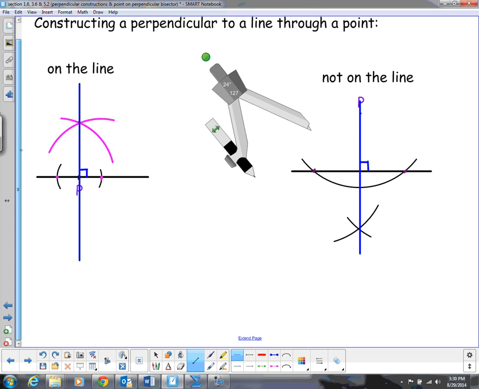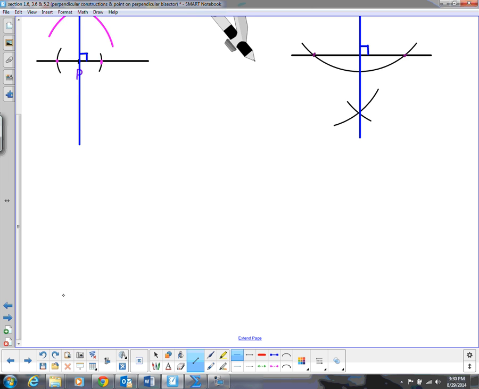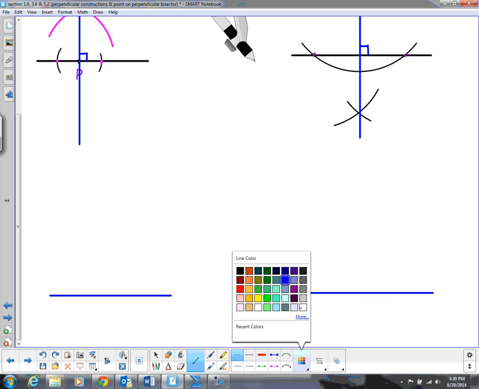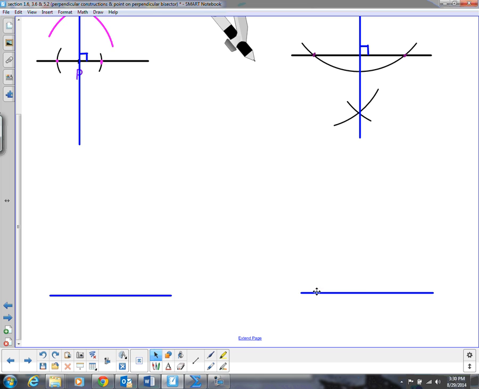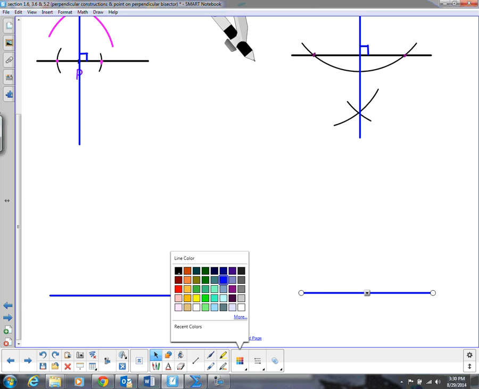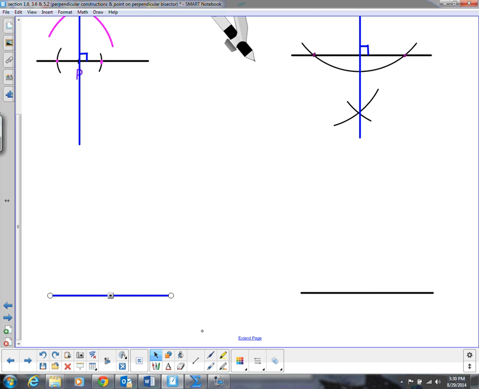All right, so I'm going to do this again, and I'm going to try to do them simultaneously. I think I want this to be black, so that you can see how they really, truly are similar. So this is going to be black, and then I'm going to make this one black too.